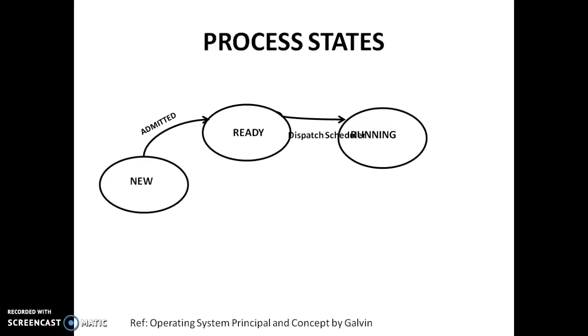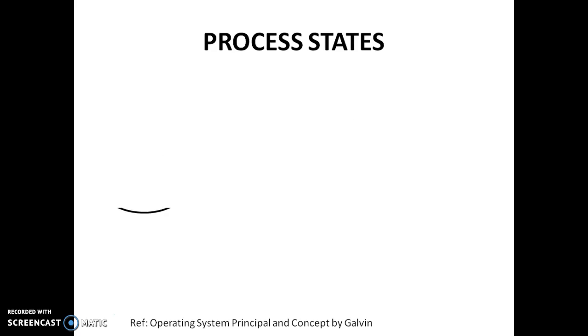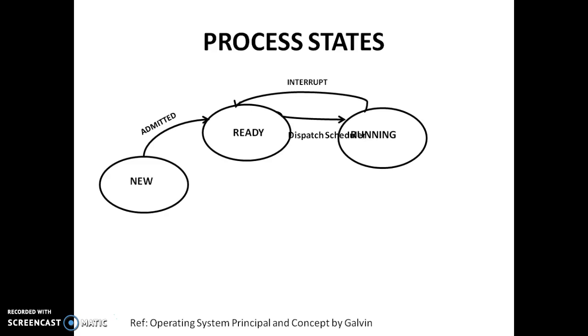When the process is in the running state, there are 2 possibilities. Either the process completes its execution, or if any interrupt occurs which avoids the normal sequential execution of the process, it is interrupted and sent to the ready state for its next chance.